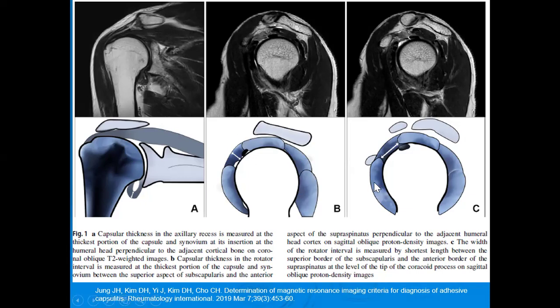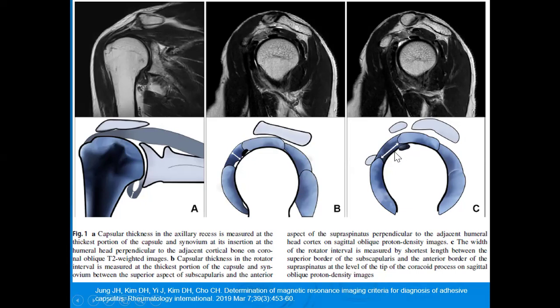The distance between the inferior most fibers of the supraspinatus and the superior fibers of the subscapularis, this complete width, is considered the width of the rotator interval. We are going to assess the shortest distance. You can see here, this is the longest distance on the periphery, but we have to assess the shortest distance.